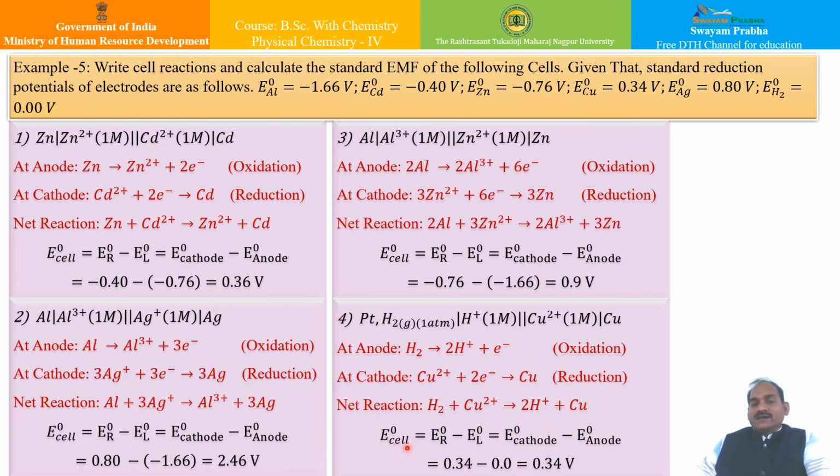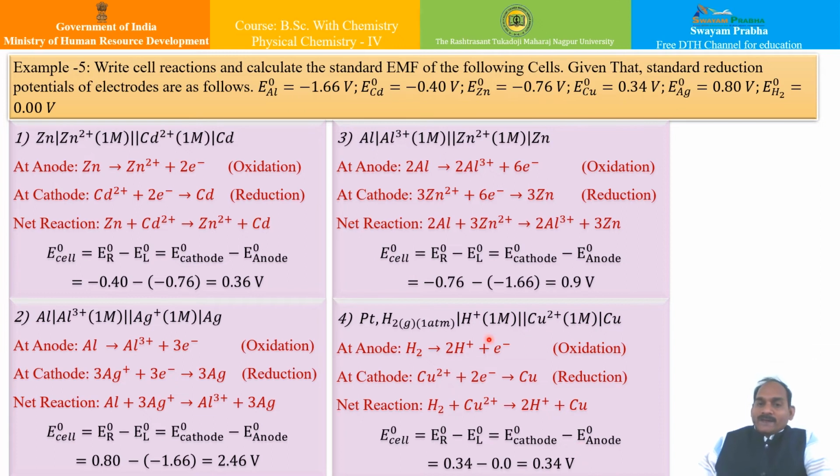So again the standard EMF of the cell will be the standard reduction potential of the right hand side electrode minus the standard reduction potential of the left hand side electrode. For the right hand side electrode, copper, it is 0.34 volt, and since this is a standard hydrogen electrode, its standard reduction potential is 0, and therefore 0.34 minus 0 is 0.34 volt.